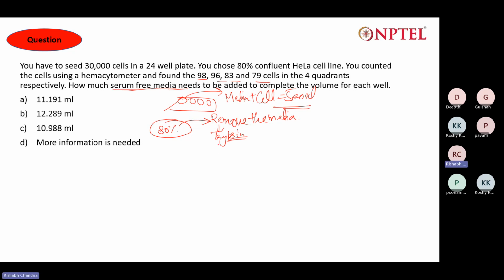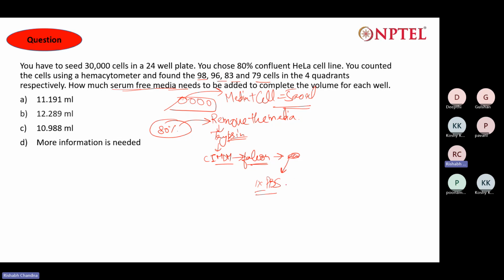Now we add a certain amount of serum with the IMDM, and then we collect the cells in a Falcon tube and spin it so that we get a pellet of the cells. Now we dissolve this pellet in 1x PBS.